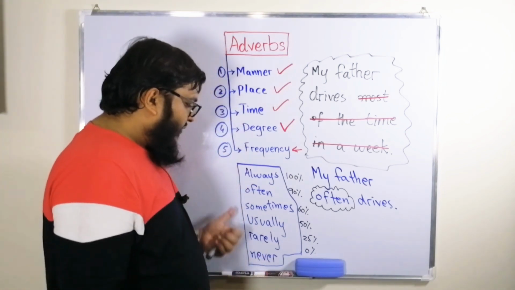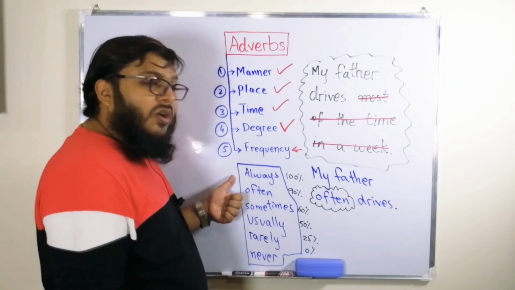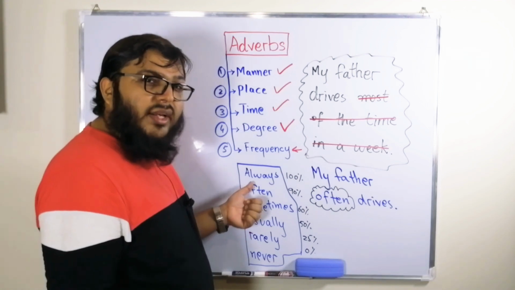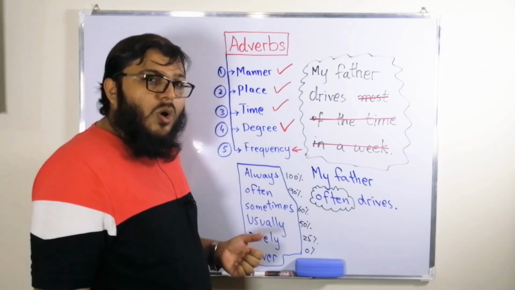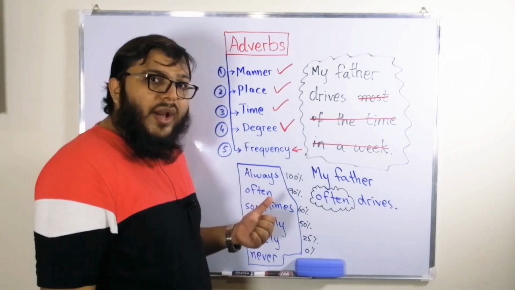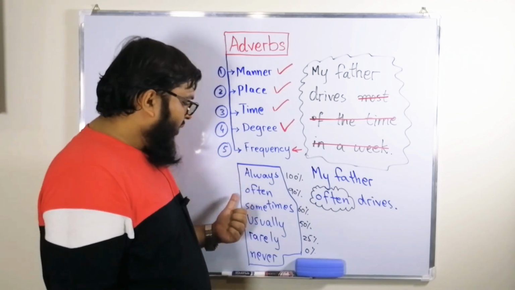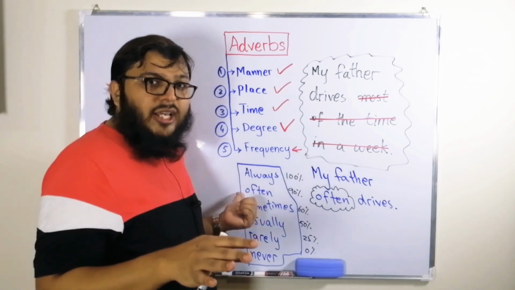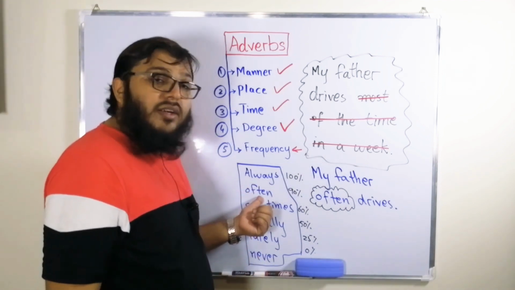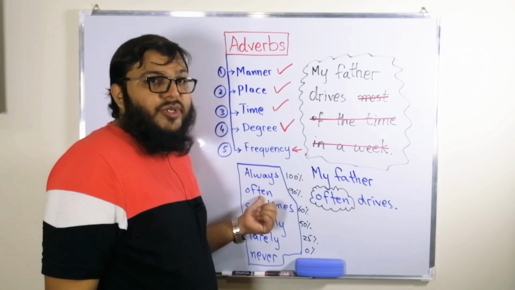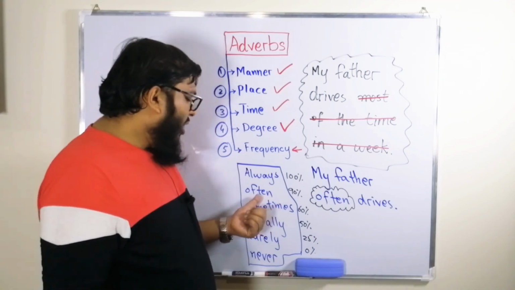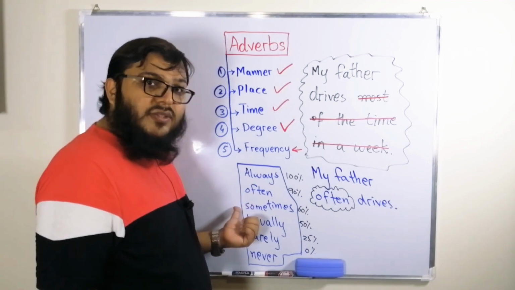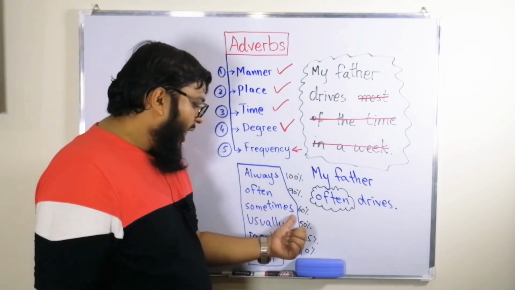So let me read for you all these adverbs of frequency. Always. L is pronounced softly here, not always. Always. Often. You can pronounce the word often in two different ways, like you can also pronounce the T. Sometimes you cannot pronounce it, in British and American English. Often and often, both can be correct pronunciation. Sometimes, you must use S at the end.